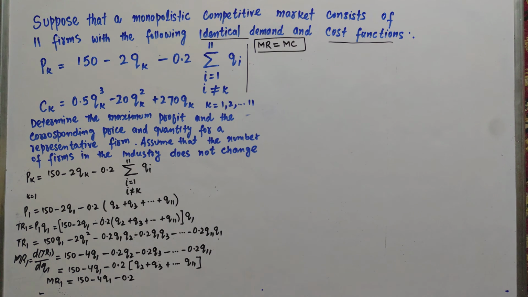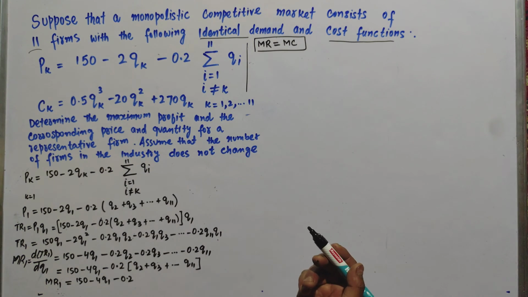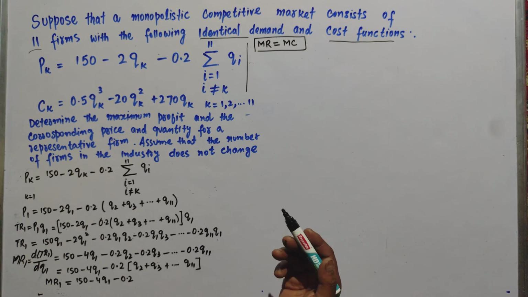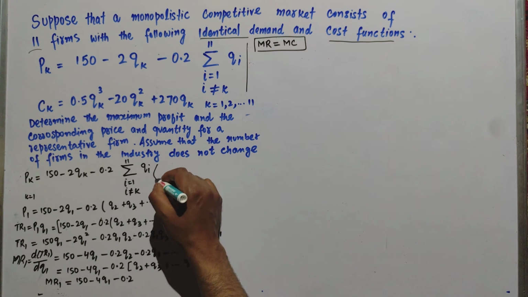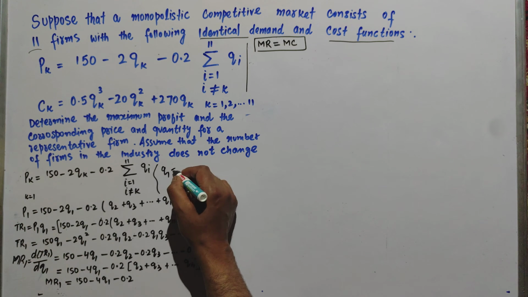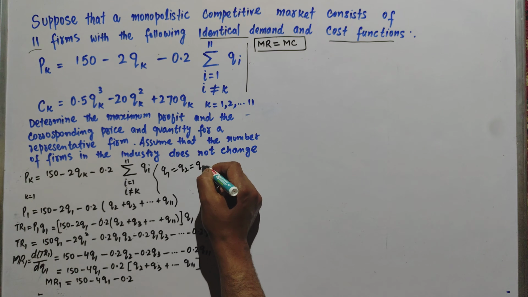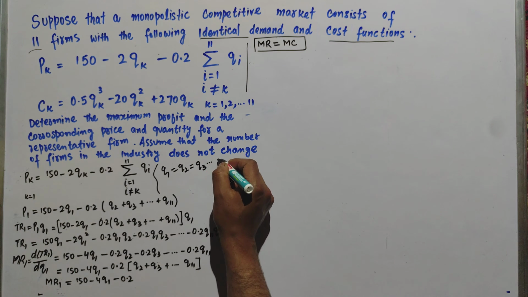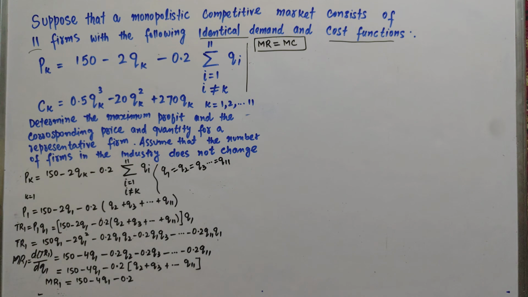We are being told that we have 11 firms and they have identical cost functions. If we have identical cost functions, can I write that output produced by firm 1 will be equal to output produced by firm 2, which will be equal to output produced by firm 3, and so on up to output produced by the 11th firm.